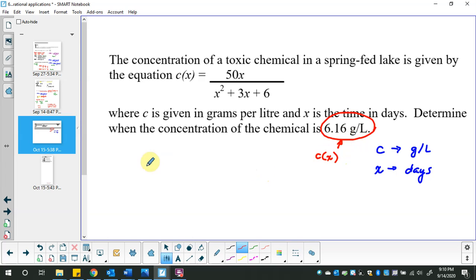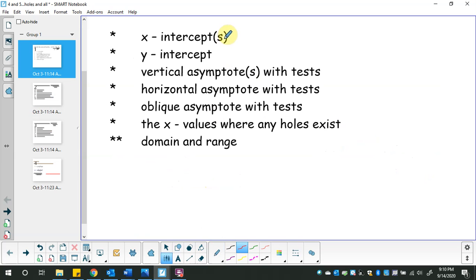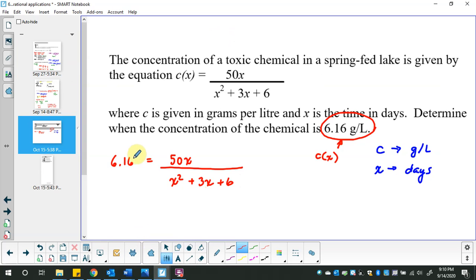So I can take 6.16 and put it in for C at x, and I can equal it to the formula. Now this is the same sort of steps as you would do with x-intercepts. The beauty about x-intercepts is that instead of having 6.16 on the left, you have 0, and 0 gets rid of a whole heap of stuff. Unfortunately, 6.16 doesn't. Regardless, you need to put the 1 on the bottom, and you need to multiply.